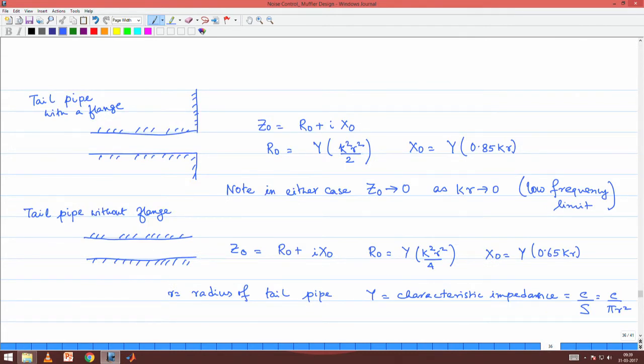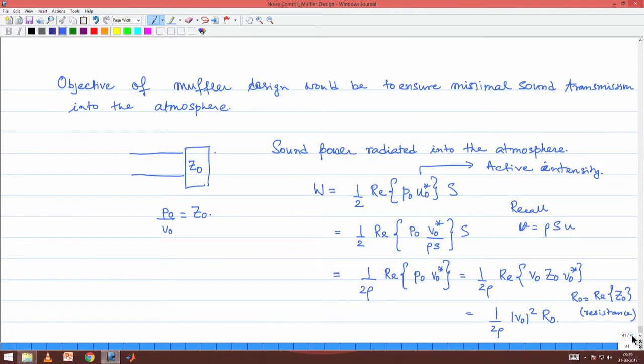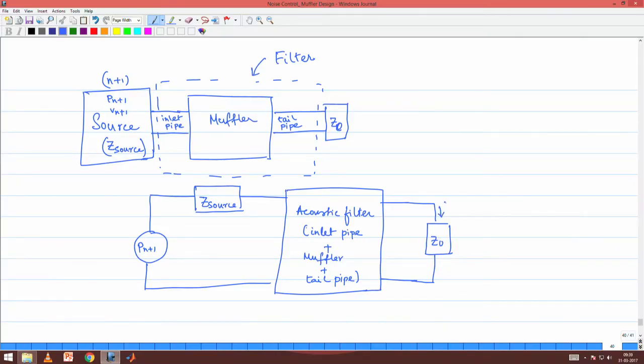There is scarcely anything that you can change other than changing the dimension of the tailpipe, but let us say the dimension of the tailpipe is also frozen. So, R0 cannot be changed. The only thing that you can change in order to minimize this sound power is the V0, which means that in this part of the circuit, what is V0? V0 is that which goes in the final part of the circuit, the extreme downstream part, through the impedance Z0.